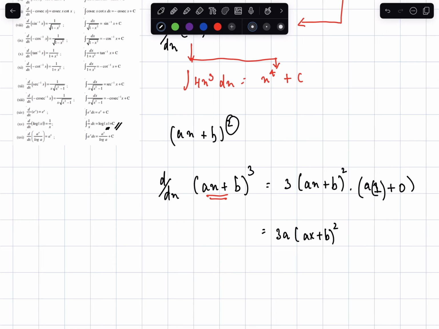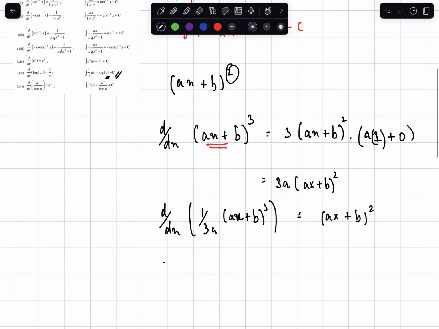Now we need to isolate ax plus b square, so we take 3a to the other side, which is d by dx of 1 by 3a times ax plus b cubed. Correct? Sorry about this. Is equal to ax plus b the whole square.